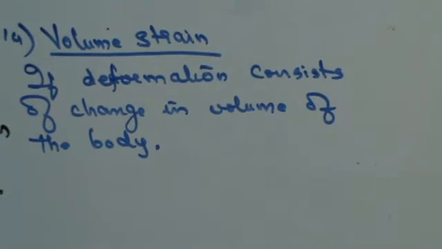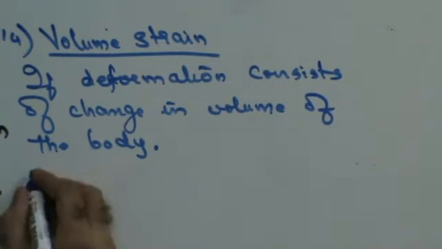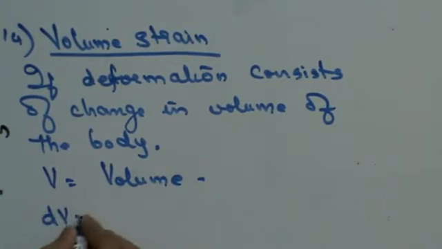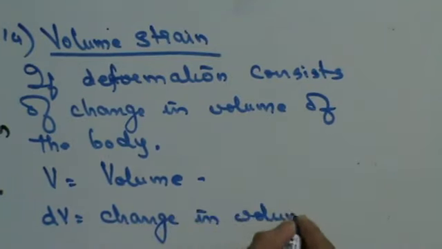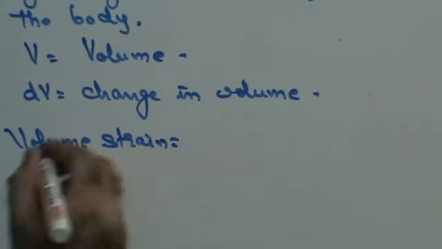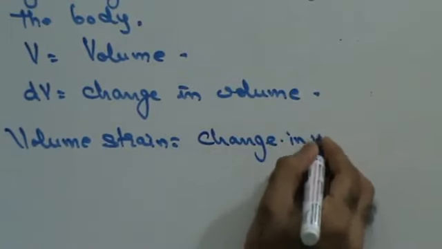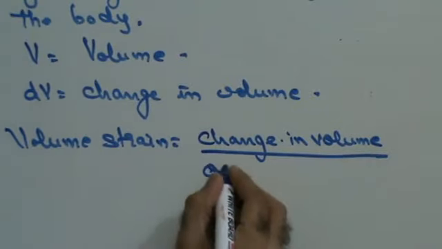Right? Now if V is the original volume, and dV is the change in volume due to the applied force or due to the change in the applied pressure, then volume strain is defined as change in volume upon original volume.